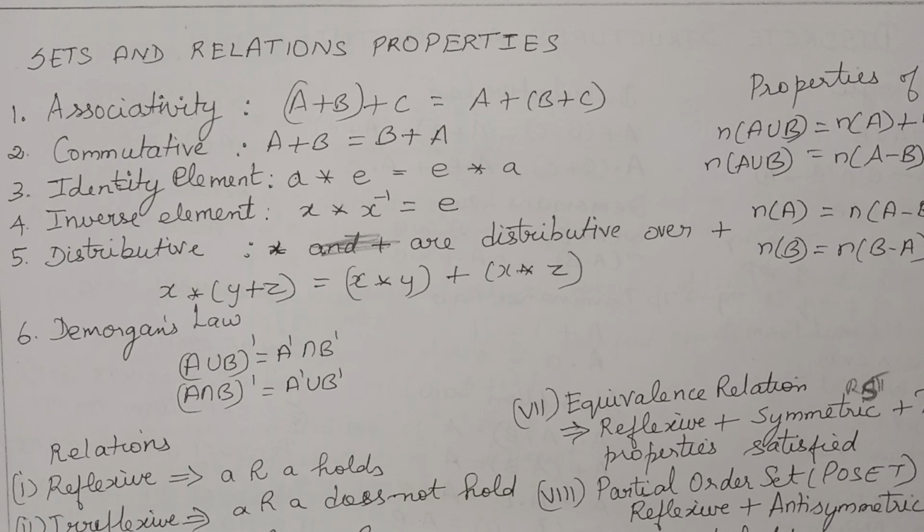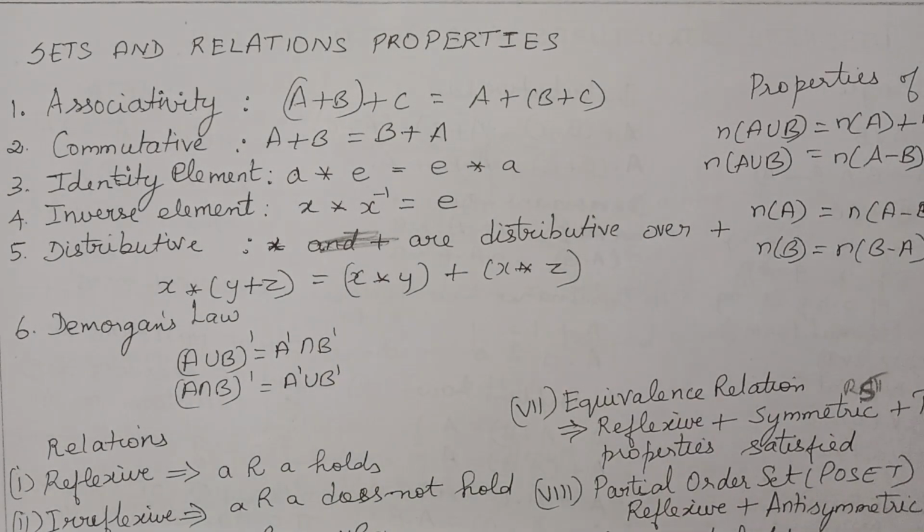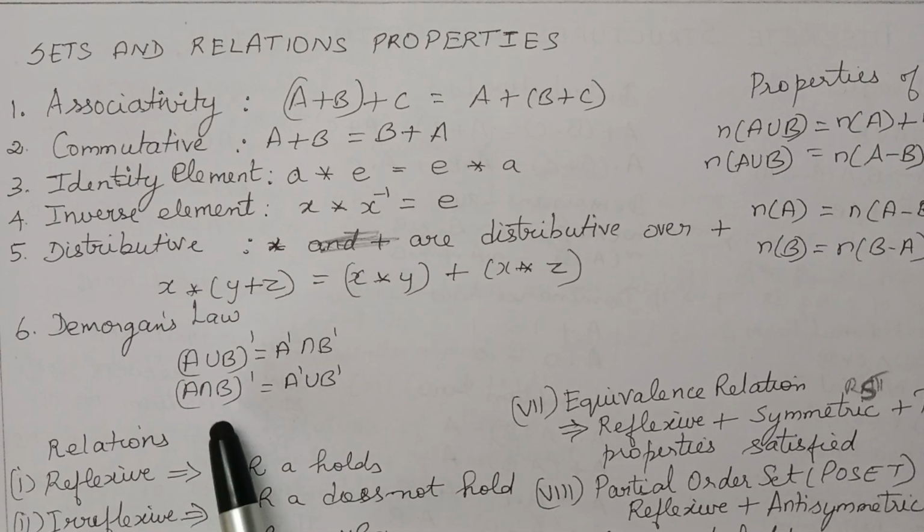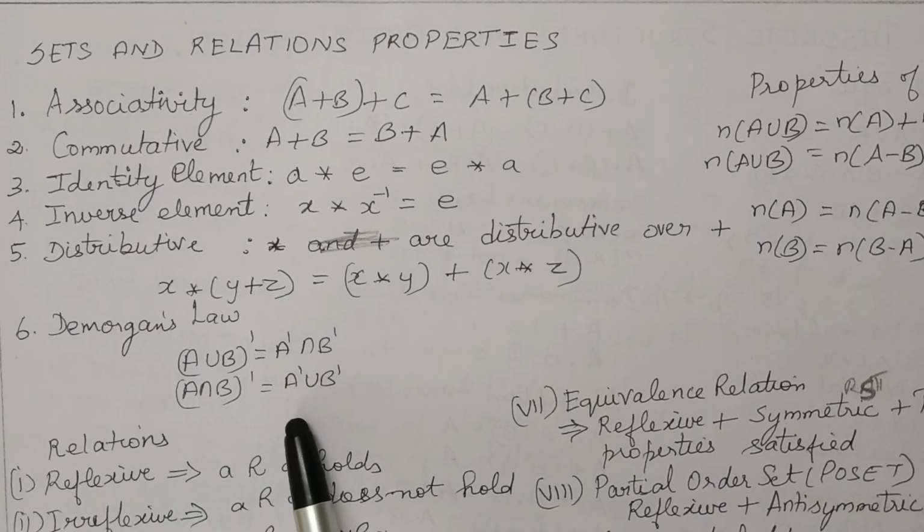Inverse element means X star X inverse will be equal to E. Distributive law: X star (Y plus Z) equal to X star Y plus X star Z. So you can say that star is distributive over plus. De Morgan's law: the complement of (A union B) is A complement intersection B complement, and the complement of (A intersection B) is A complement union B complement.